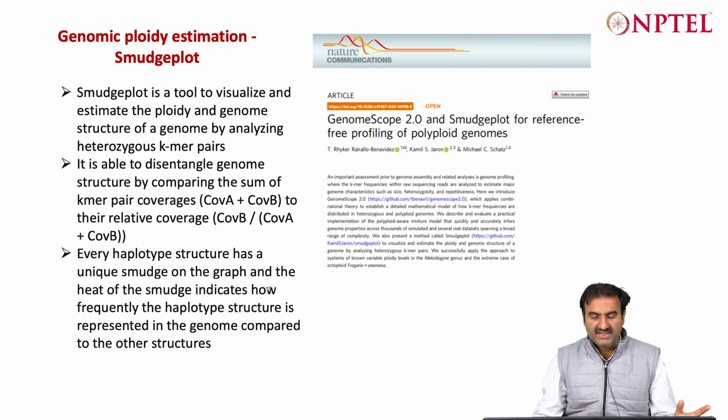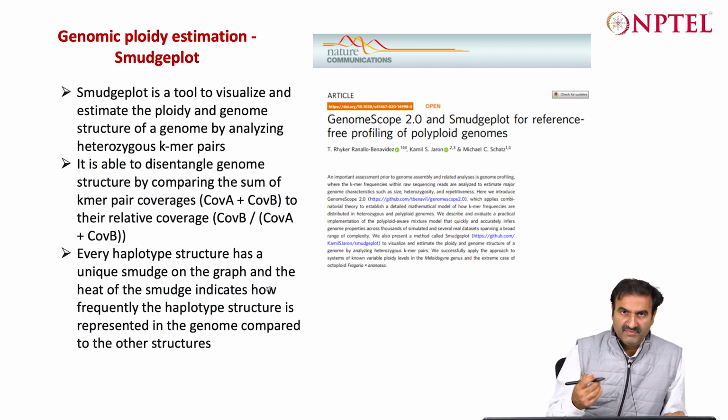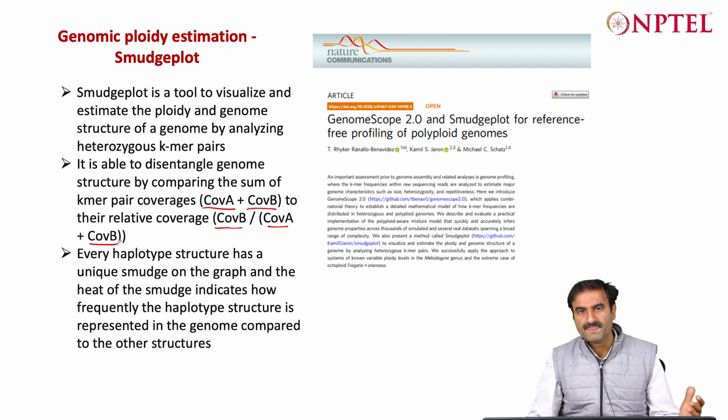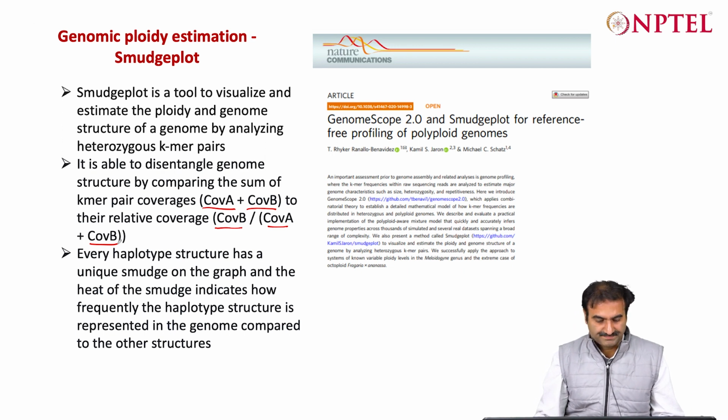It is a very good tool, which uses K-mers to look at the average K-mer proportions. There could be coverage of K-mers A and B, two K-mers. It will calculate the relative coverage of K-mer A considering all the K-mers, and similarly for K-mer B, and that is how it will calculate the ploidy level.